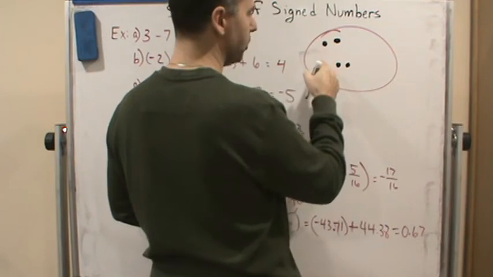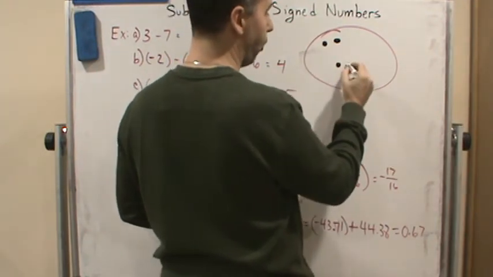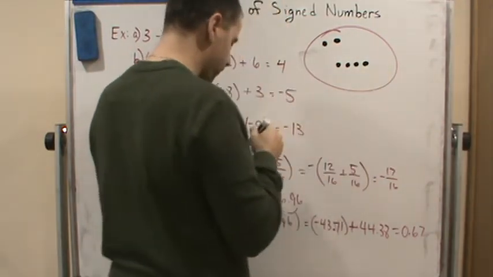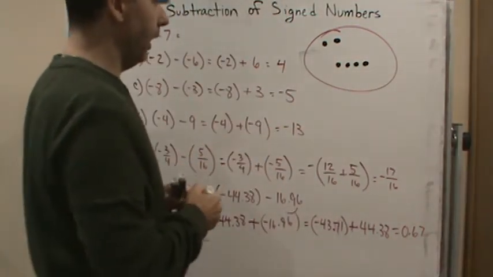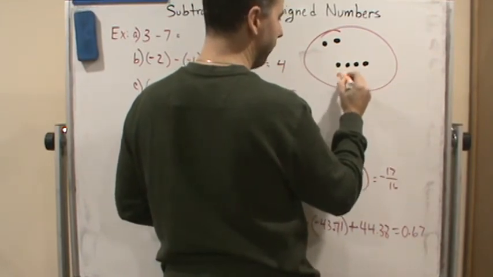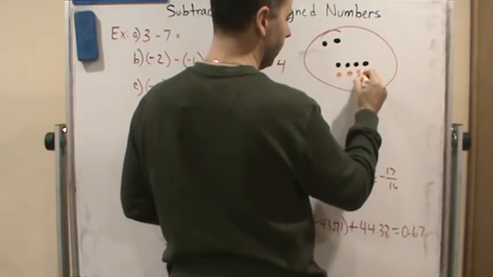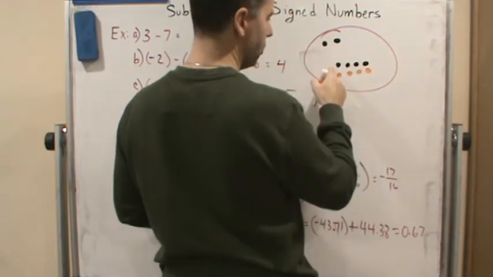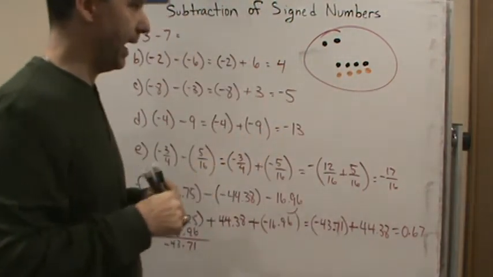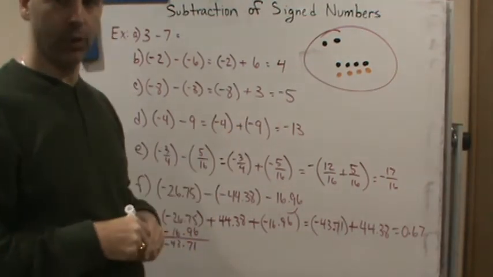I need how many more chips? I got 2, I need 4 more. So now, if I'm going to add 4 negative chips, I need to add 4 positive chips to cancel with the 4 negative chips so that I still have -2.